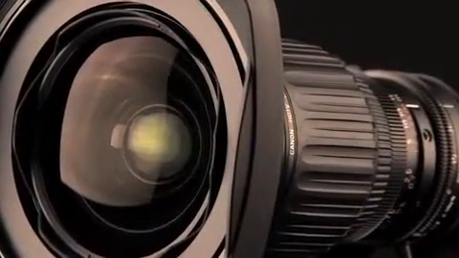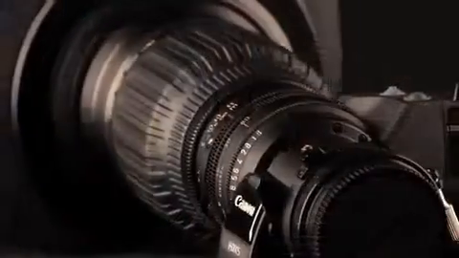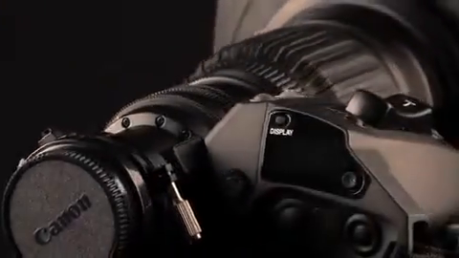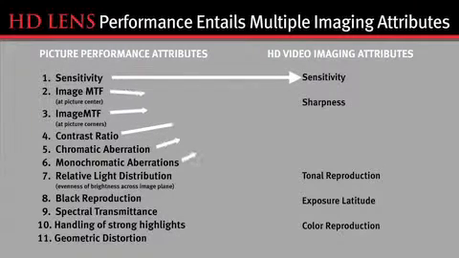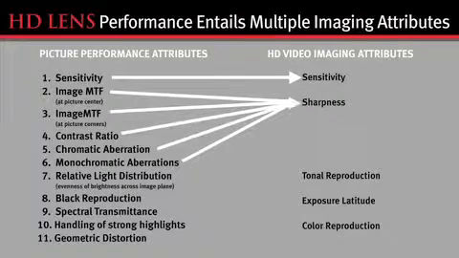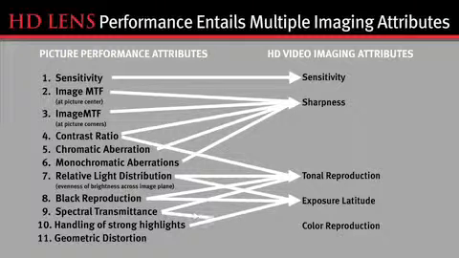And many of those attributes of the lenses are interlinked with a given video attribute, as shown on my next chart. For example, if we take the all-important sharpness of the lens, that's impacted by the contrast ratio of the lens, the resolution at the picture center, and the change in resolution as you go to picture extremities.